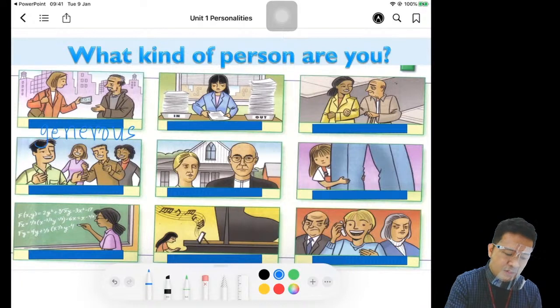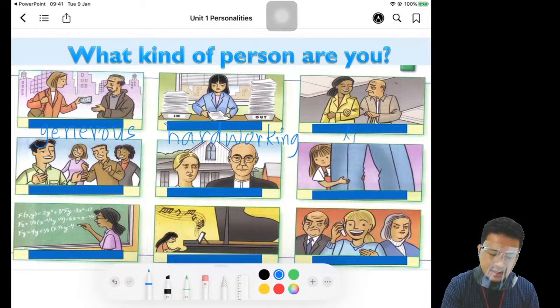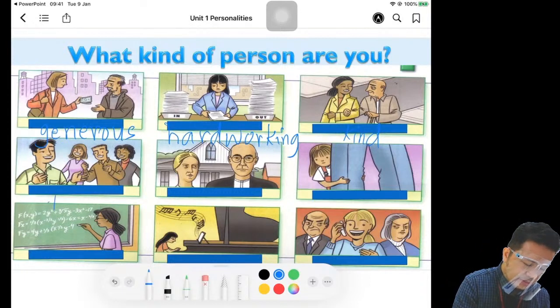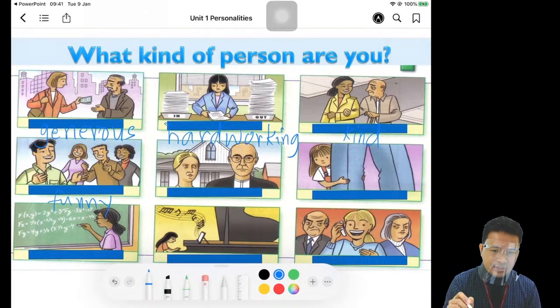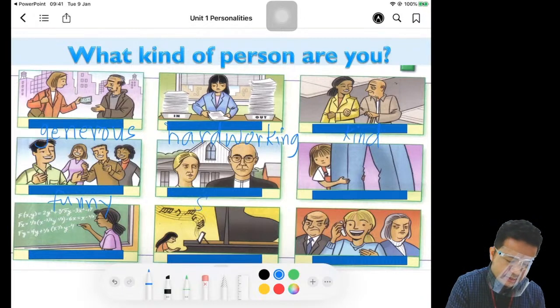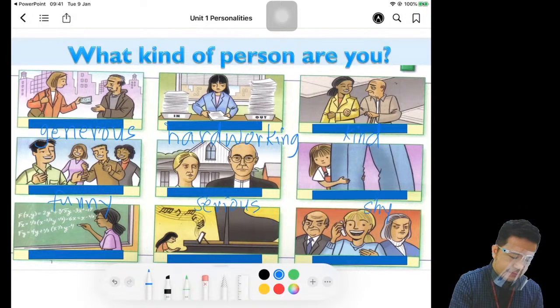And then the other one, picture 2, this is hardworking. And then picture 3, this is kind. And then picture 4, this one is funny. Picture 5, this one is serious. Picture 6, shy. Picture 7, smart.